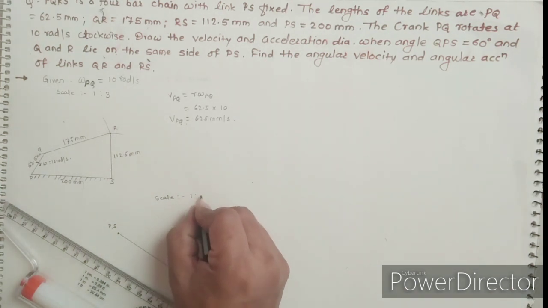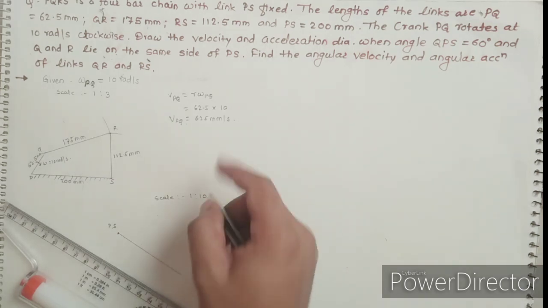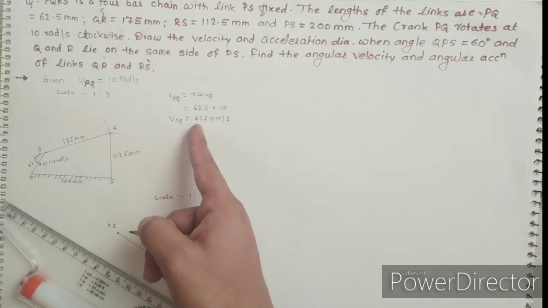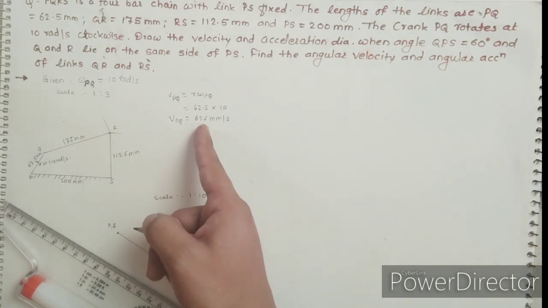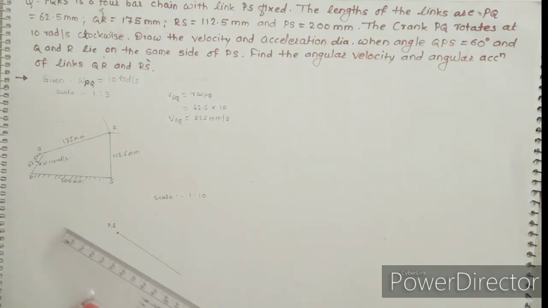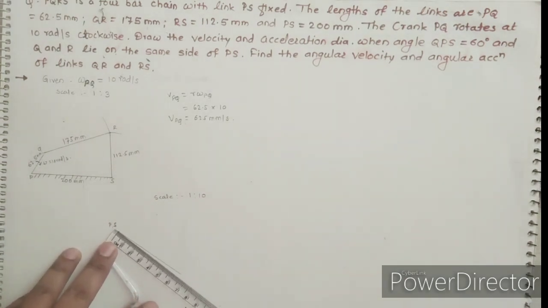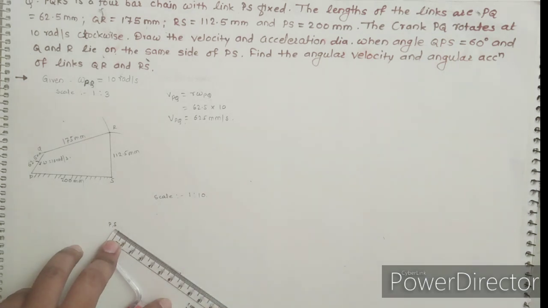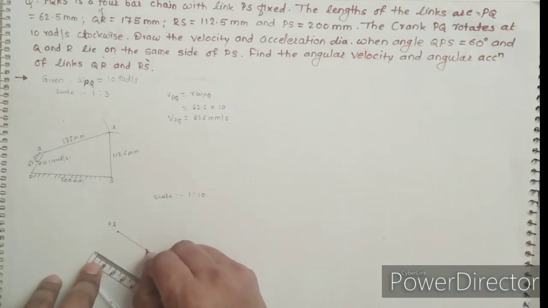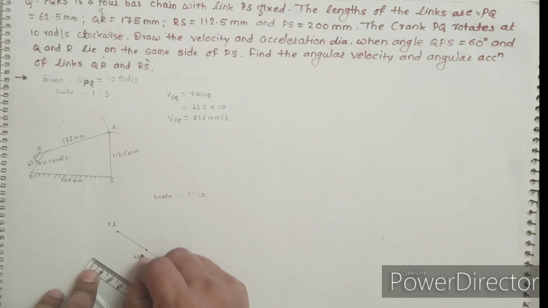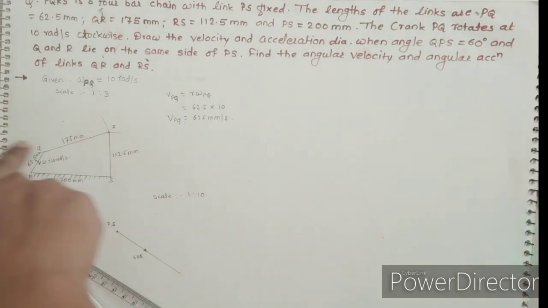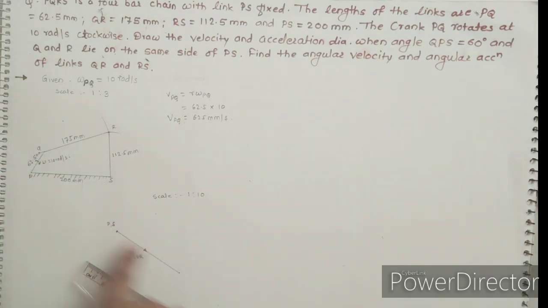Then 625 mm per second is 6.3 centimeter. So take a dimension of 6.3 centimeter, which is VPQ. I have drawn it in a downward direction because the crank is moving clockwise, therefore I have drawn the line downward.